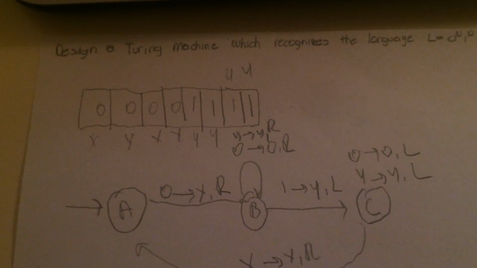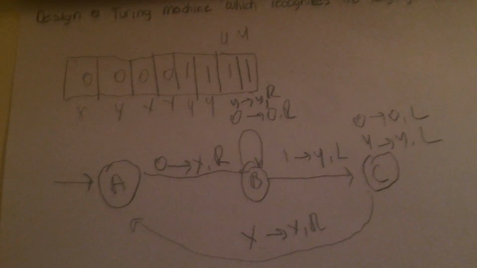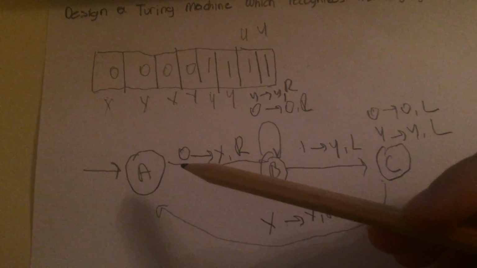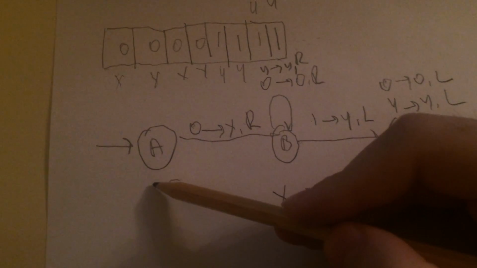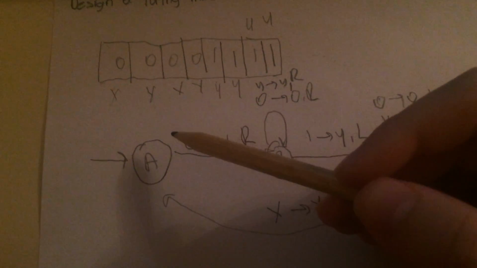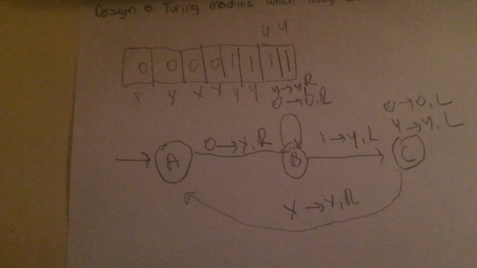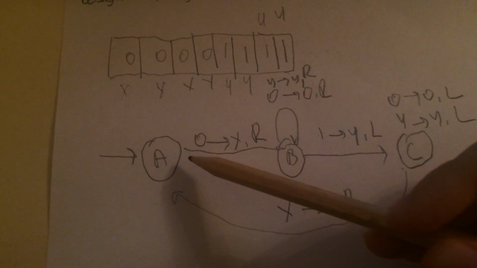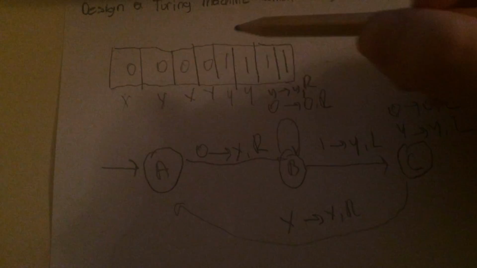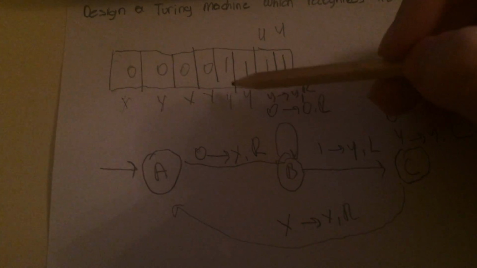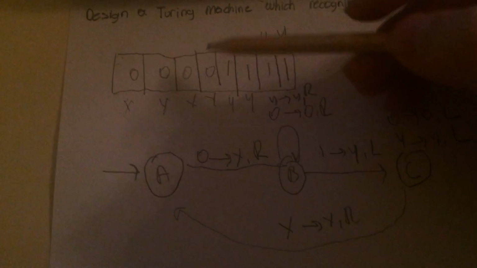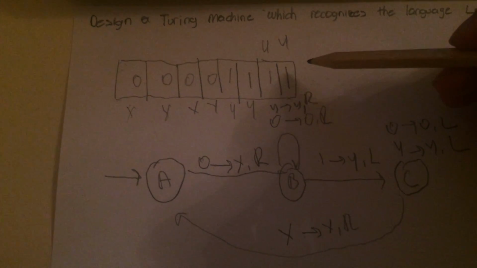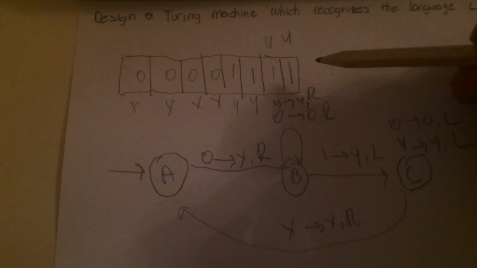At some point within the A state, we are going to take an input y, because zeros will be gone, x's will be gone, and there will be only y's when we come to the A state. But when we see a y in the A state, our tape head will not be at the end of the tape. It will not show a blank.